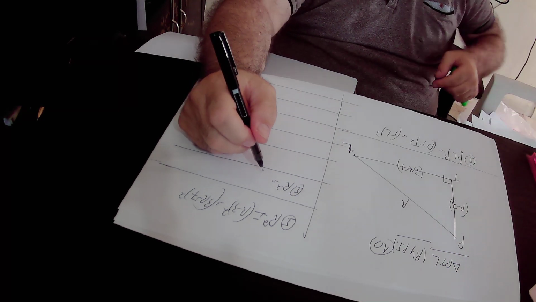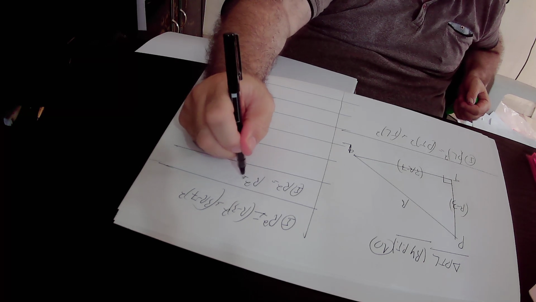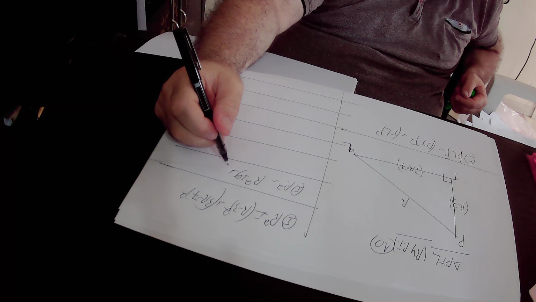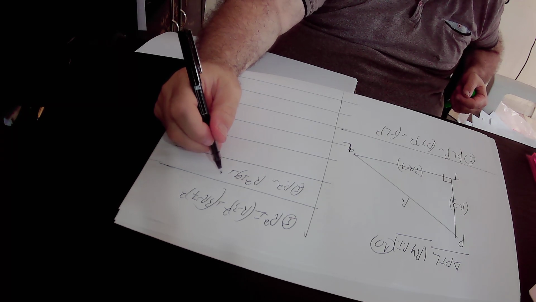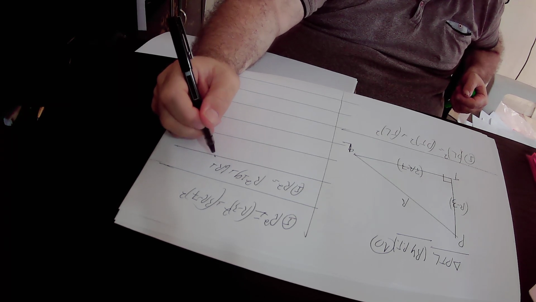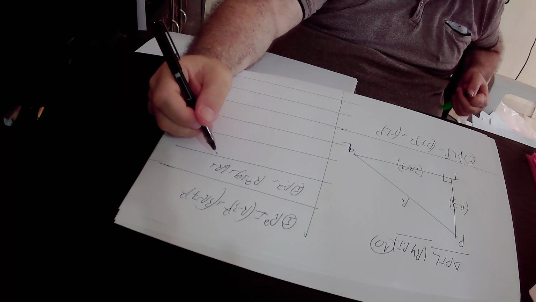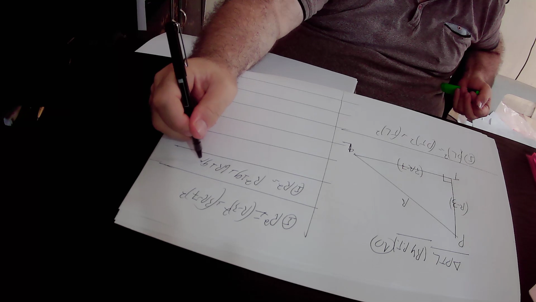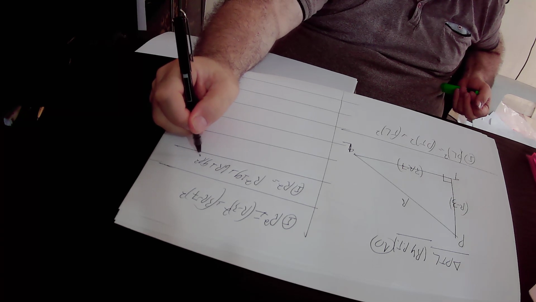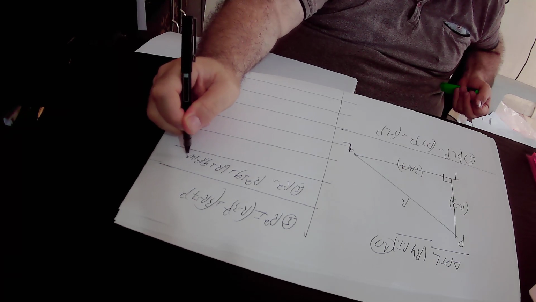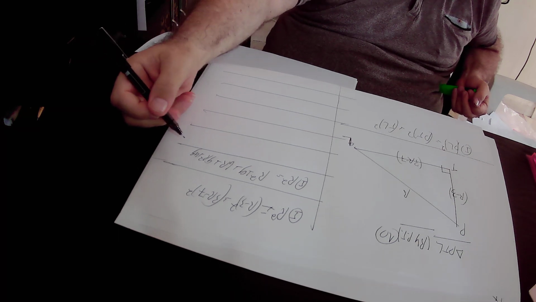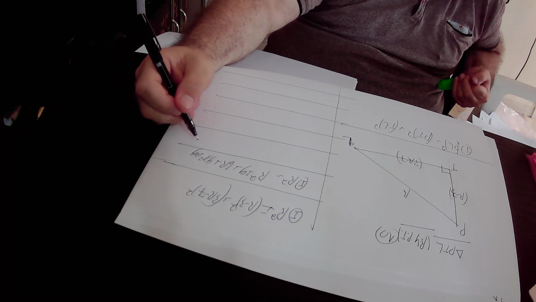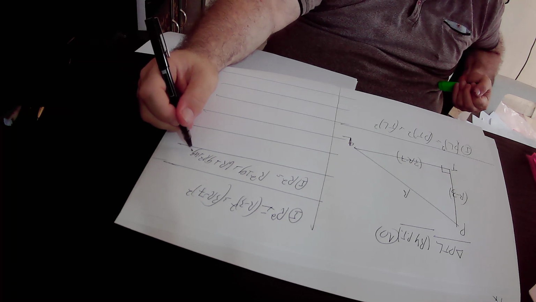R minus 3 square equals R square plus 3 square, that is 9, minus 2 times R times 3, is minus 6R, plus 3R minus 7 square. 3R minus 7 square equals 3R square, that is 9R square, plus 7 square, that is 49, minus 2 times 3R times 7, is minus 42R.